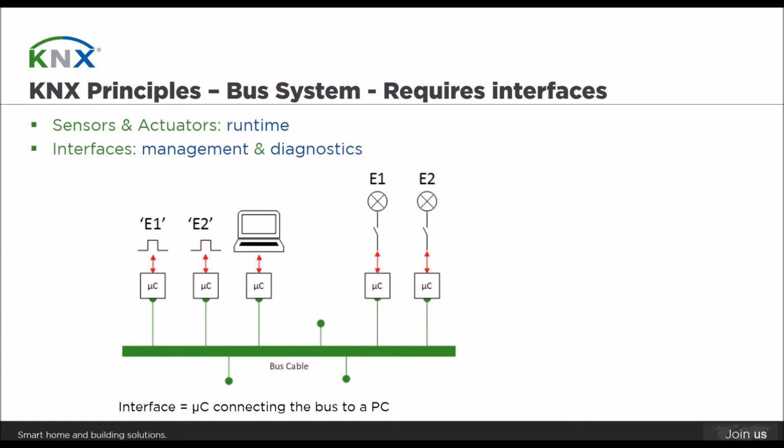And for that, again, we always need an interface. So what is an interface? An interface is actually something that allows us to connect a software tool that runs on a computer with a bus, and then we have all the functionality that we need for management and diagnostics.